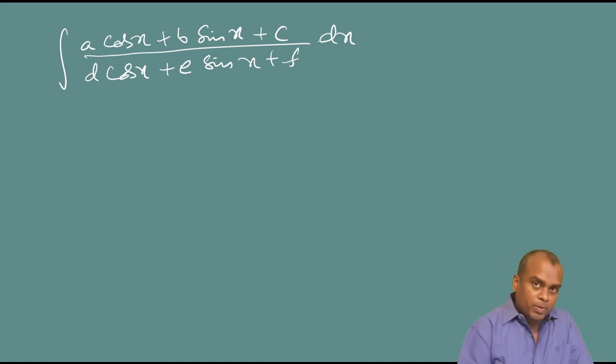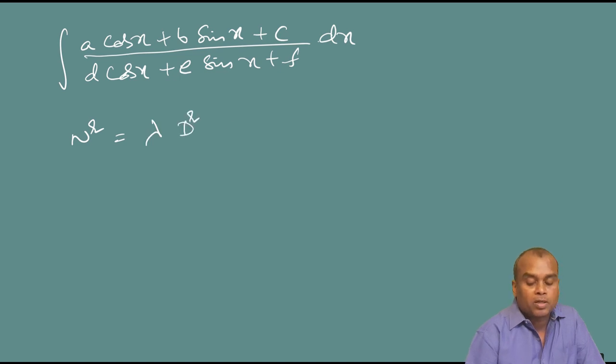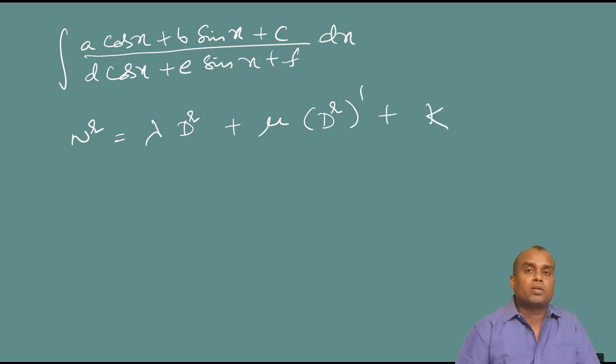So, like the previous one, this is how we are going to write. We are going to write the numerator as some constant into denominator plus some constant into derivative of the denominator plus a constant also we are going to write. That is extra here. That's all.